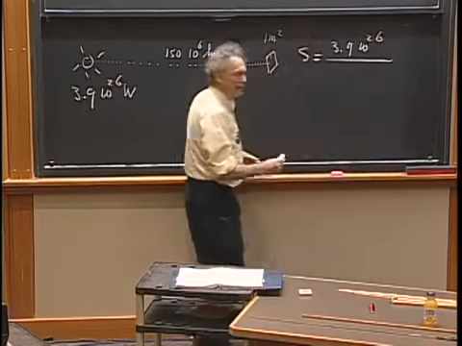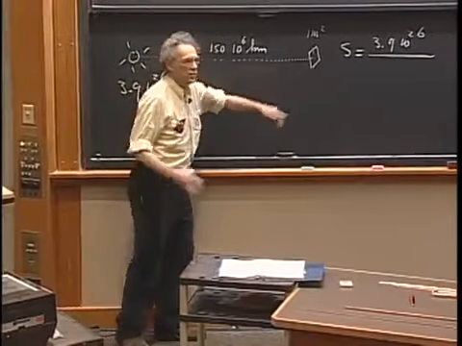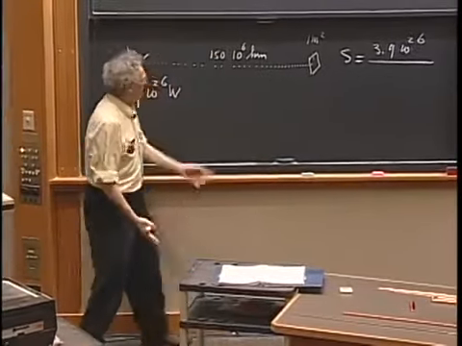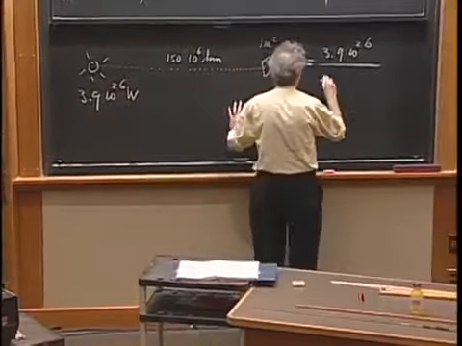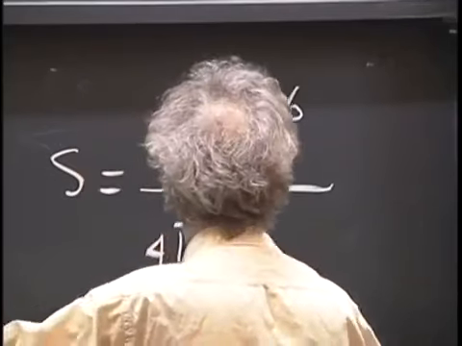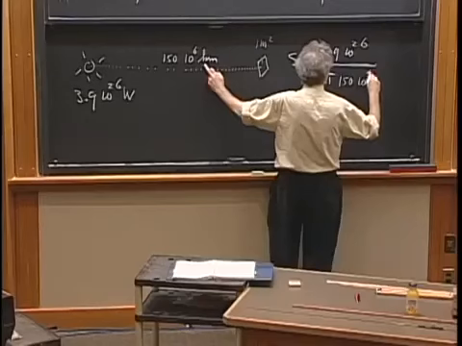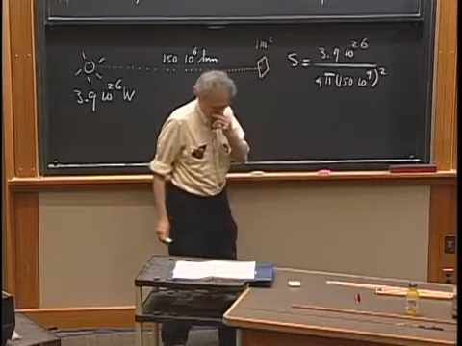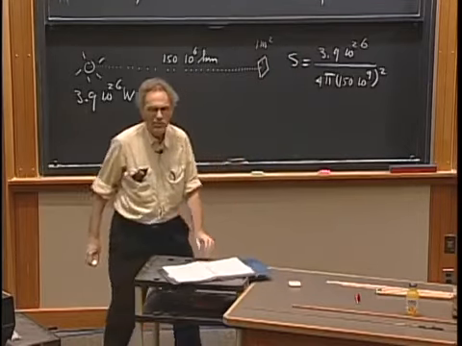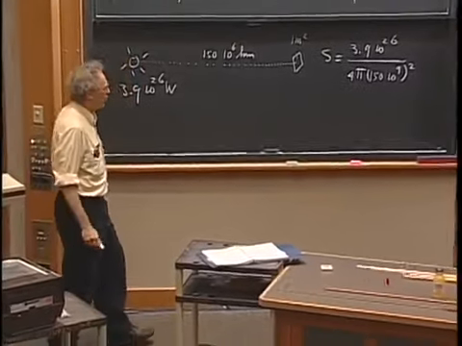And now I have to divide it by the entire surface area of the sphere, which goes in all directions, that has this radius. And that surface area is 4 pi times that radius squared. So that is 150 times 10 to the 9th, because I have to go to MKS units, squared. And that is now the number of watts per square meter that we receive at Earth from the sun.